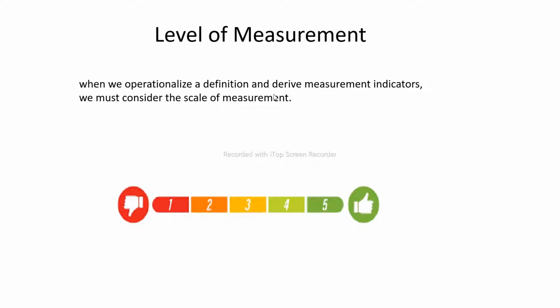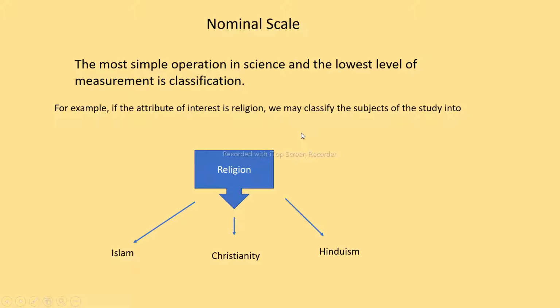So when we talk about the nominal scale, the simplest operation in science and the lowest level of measurement is classification.